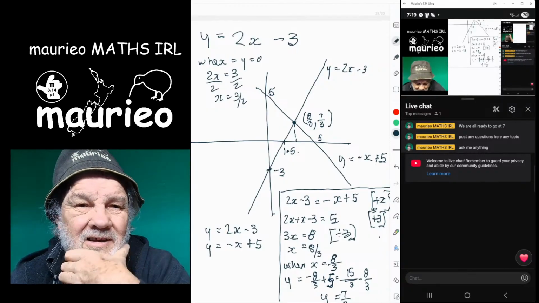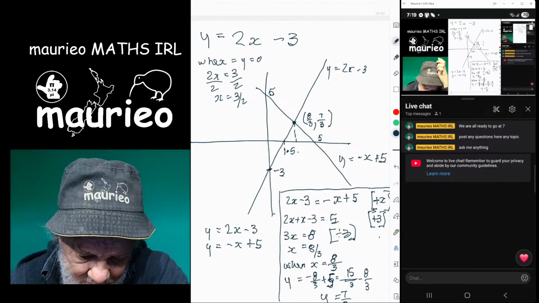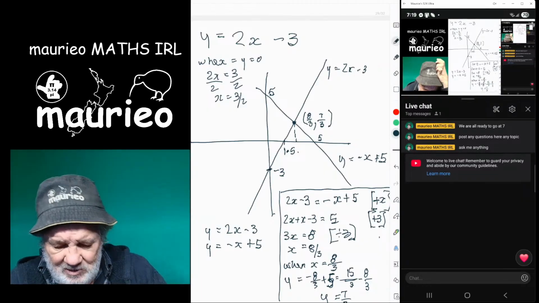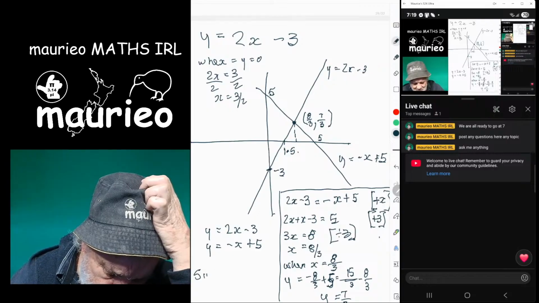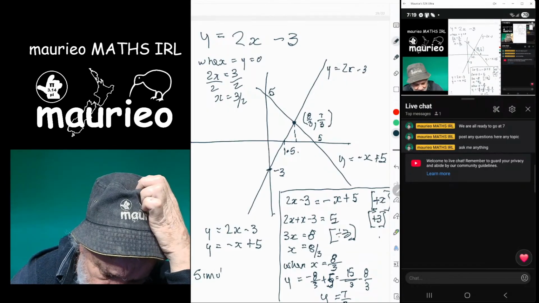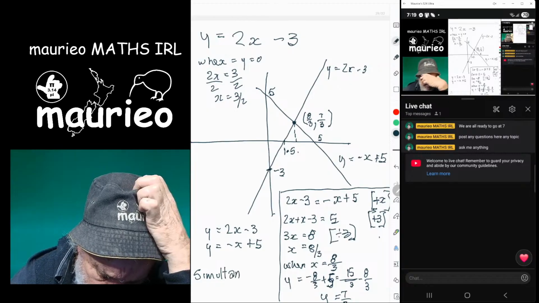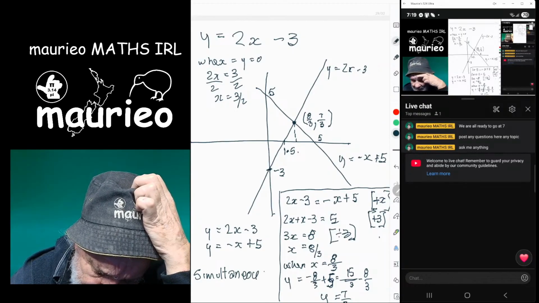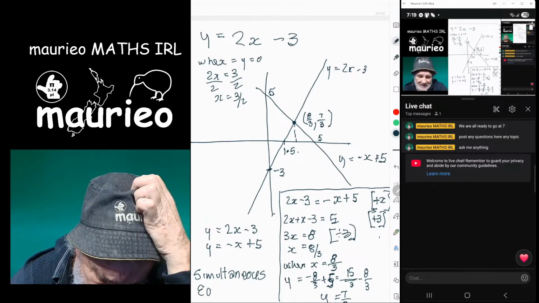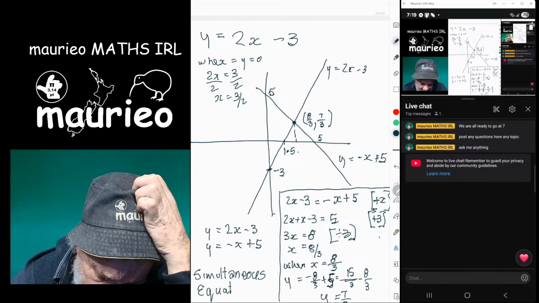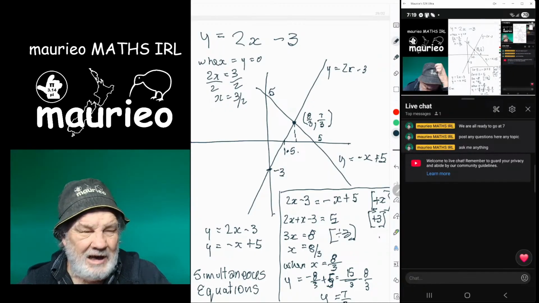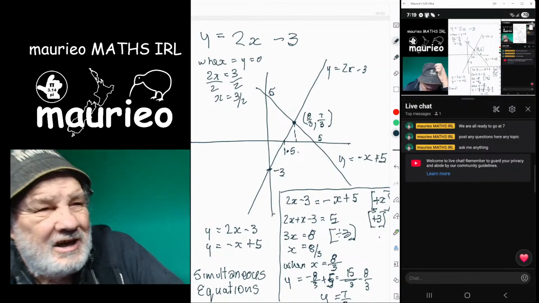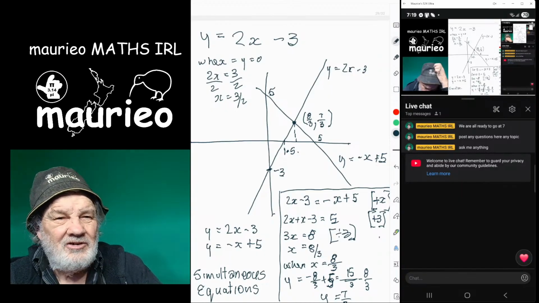So this process actually has a name, and it's called simultaneous equations. In this case, there's simultaneous linear equations, which means they're straight lines.